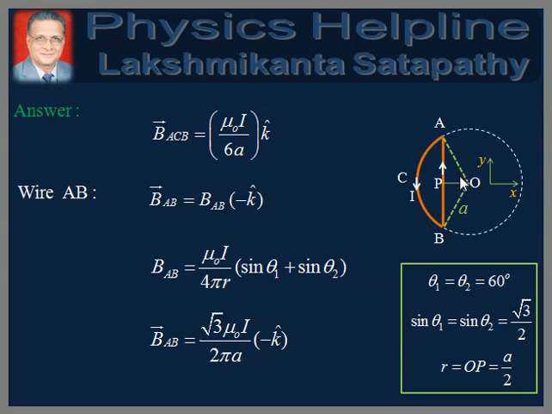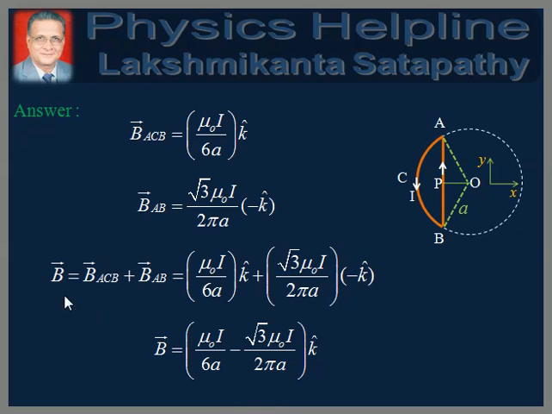So cos 60 is equal to 1 by 2. Therefore, OP is equal to a by 2. So putting r is equal to a by 2, we get 4 pi r is equal to 2 pi a. Therefore, B_AB is equal to root 3 mu 0 I by 2 pi a into minus k cap.